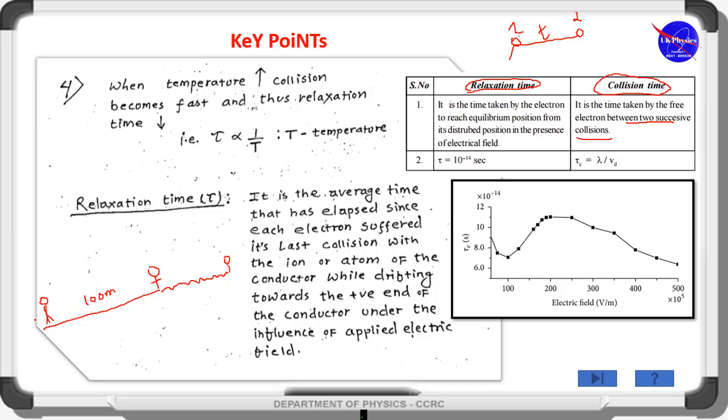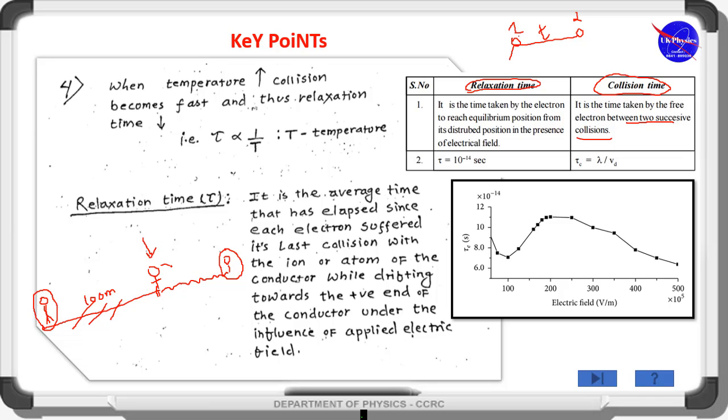Right? This is the first mean position, the first equilibrium position. Finally he has come to the equilibrium position, and in this interval he is running, but just at the end of 100 meters he is not finally at rest.